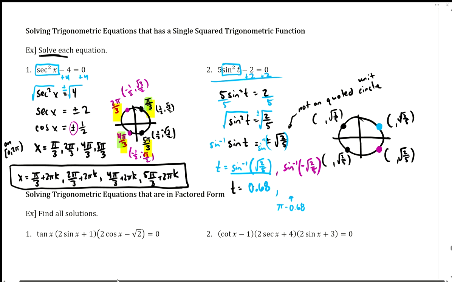So let me enter that real quick on the side, and we'll write it down afterwards. Pi minus 0.68 is 2.46, and that would be this one in the second quadrant. So there's two of our answers.